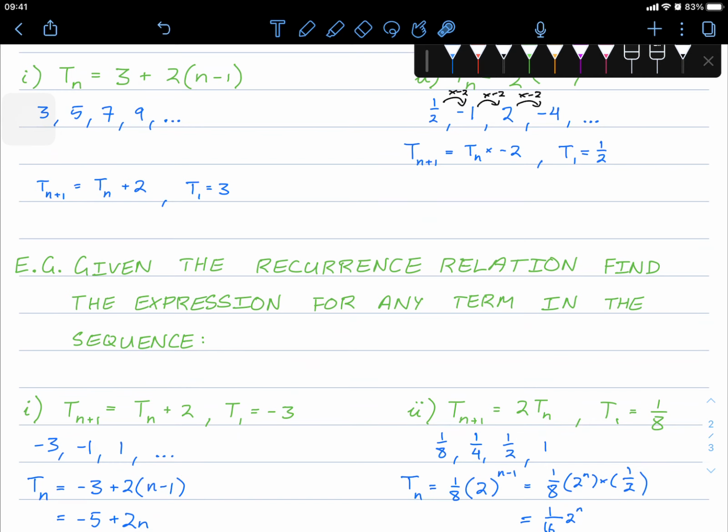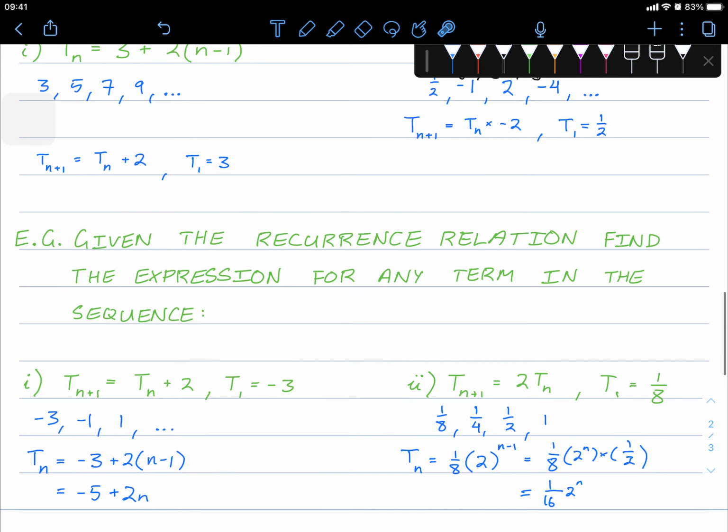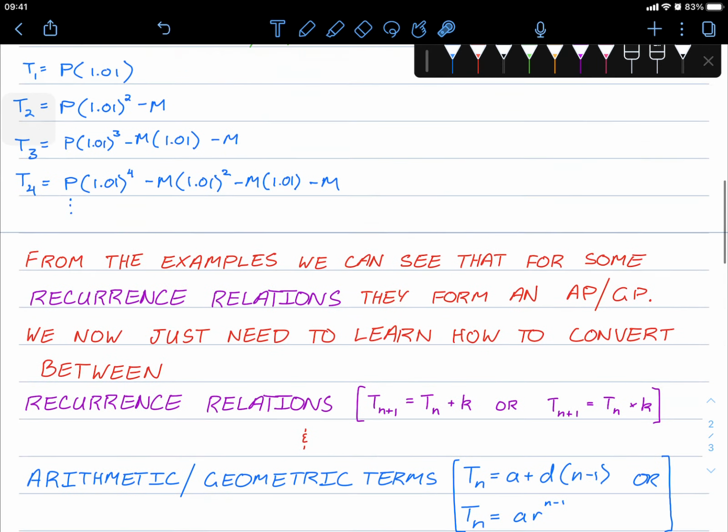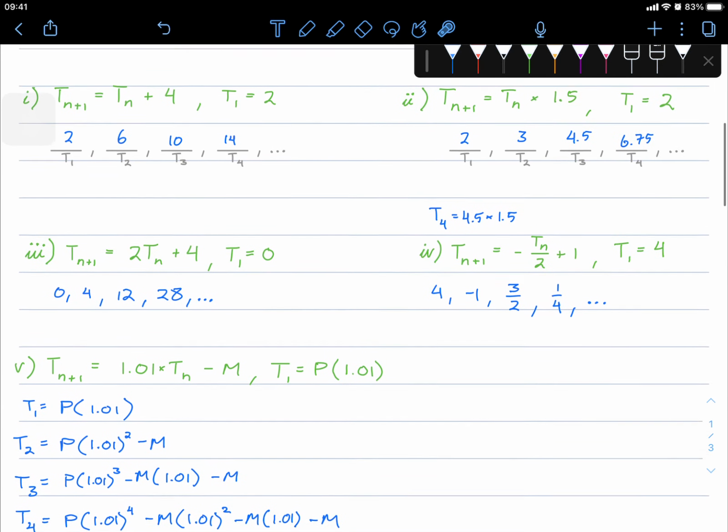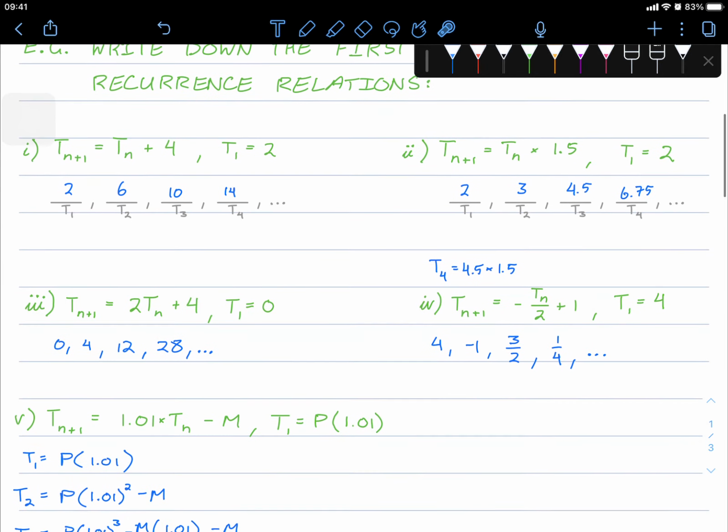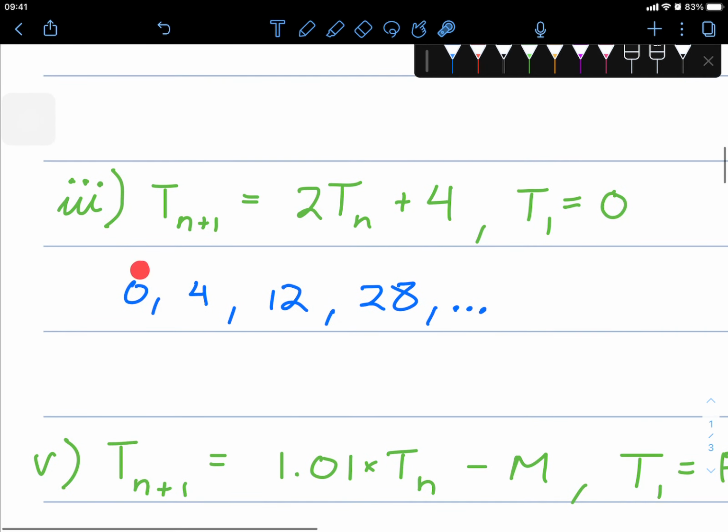Now, if you had any questions on this, a common one is asking, do all recurrence relations become an AP or GP? Well, the answer to that is no, it doesn't. Because if you take a look at these ones here, it goes up by 4, and then it goes up by 8, and then up by 24.